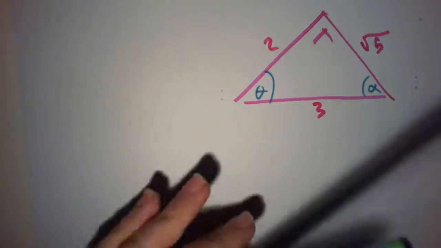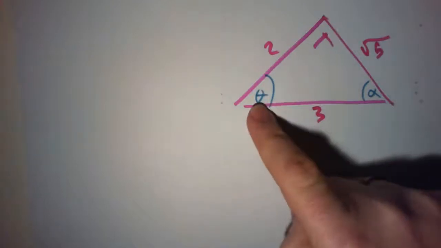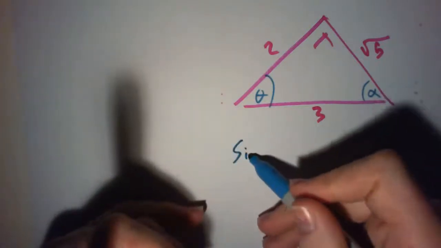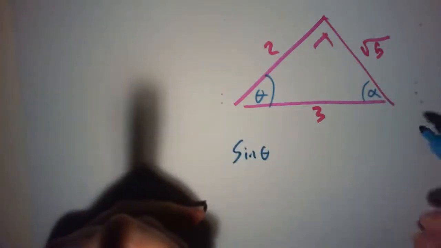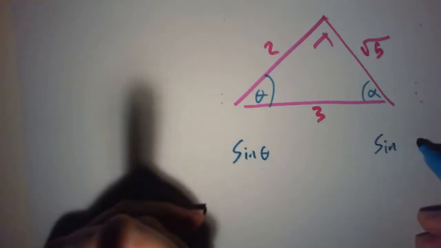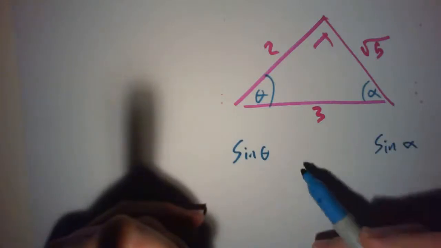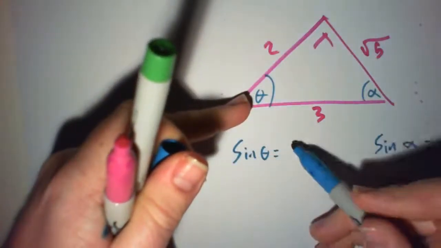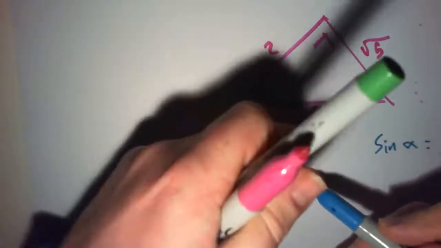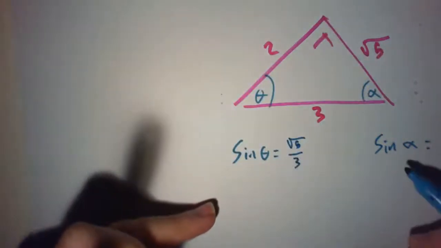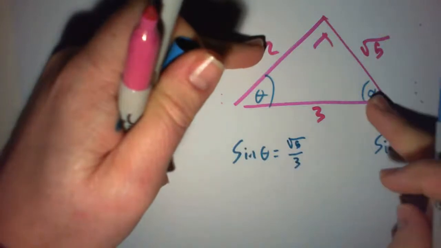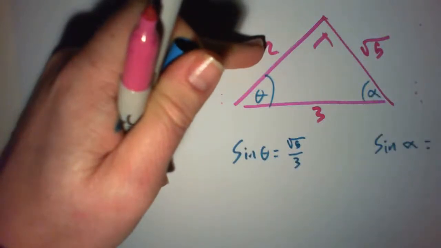Cool. So, let's find the sine of theta. Let's find a different color here. Sine of theta. And we'll also find the sine of alpha. So the sine of theta is always going to be opposite root 5 over hypotenuse 3. The sine of alpha is going to be opposite 2 over hypotenuse 3.